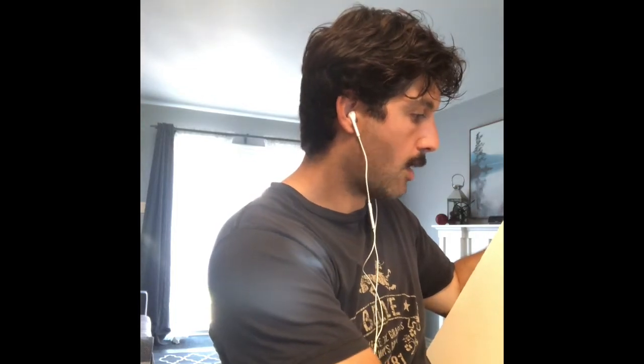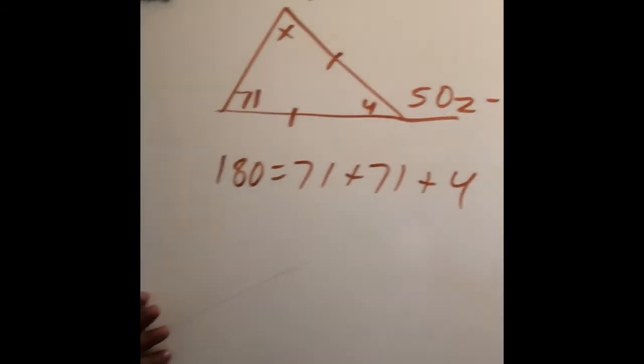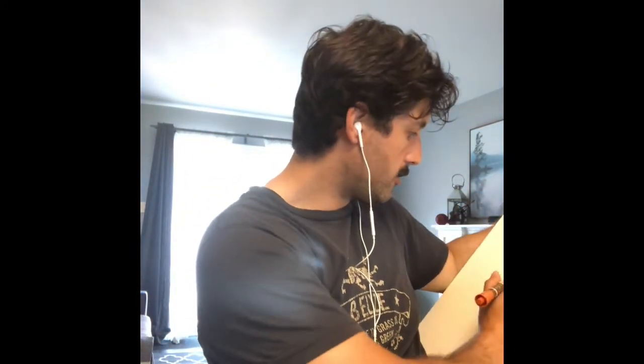Now, once you have that, you can find y. So you have 71, so 180 degrees equals 71 plus 71 plus y, interior angles of a triangle. Remove the 71 and the 71 and you get y.